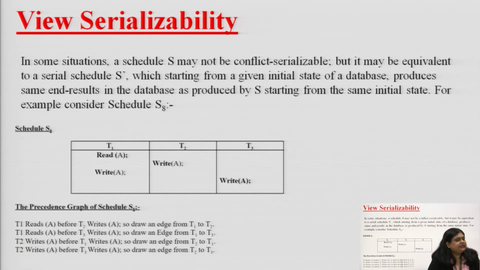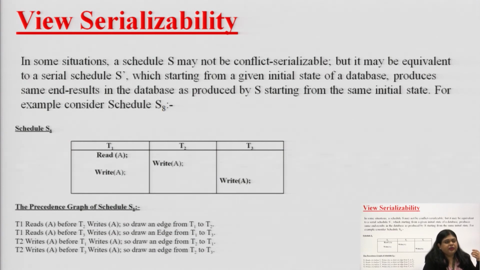So, it says in some situations a schedule S may not be conflict serializable, but it may be equivalent to a serial schedule S dash, which, starting from a given initial state of the database, produces the same end result in the database as produced by S, starting from the same initial state.